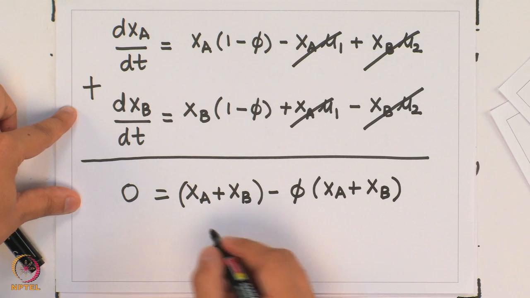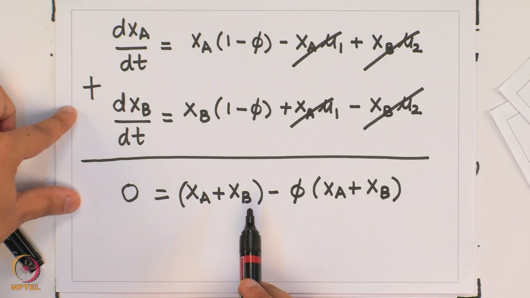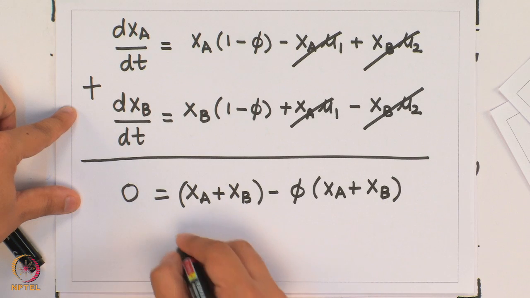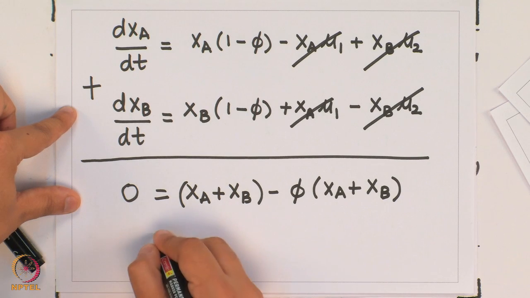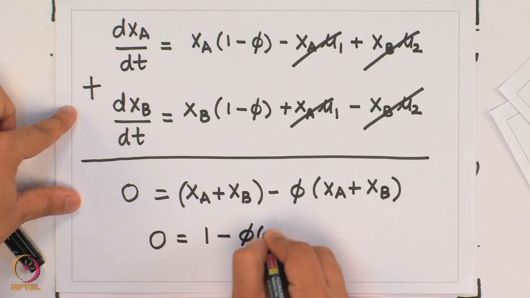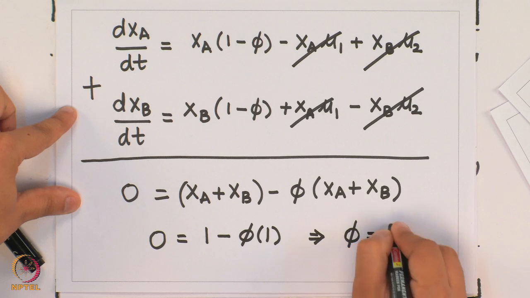But I know that xa plus xb, the fraction of the population belonging to genotype A plus the fraction belonging to genotype B, this sum of fractions is just equal to 1, and that gives me 0 equals 1 minus phi times 1, which implies phi is just equal to 1.